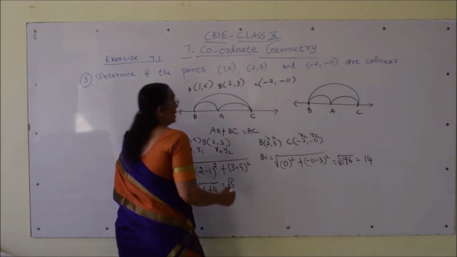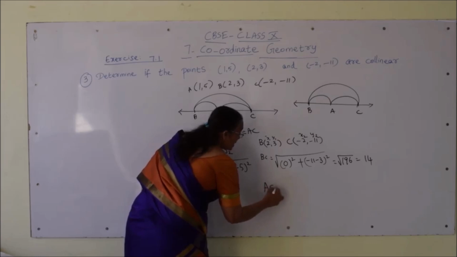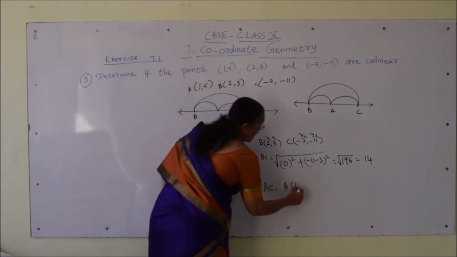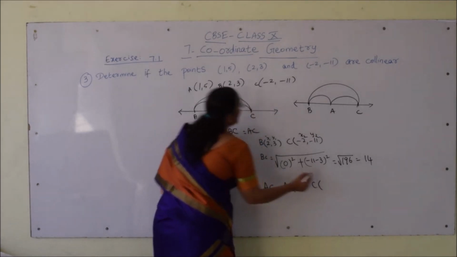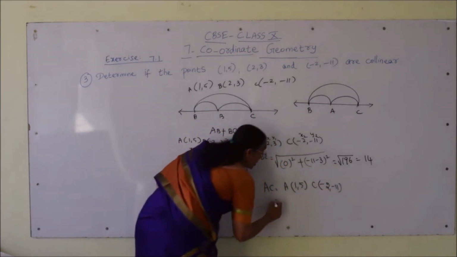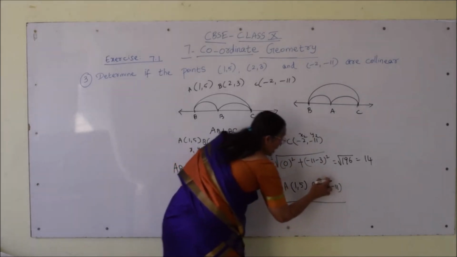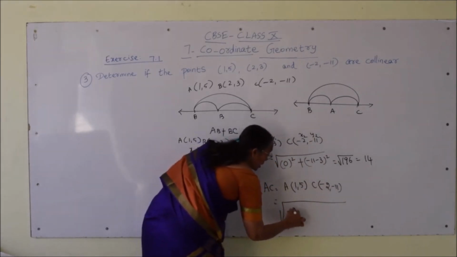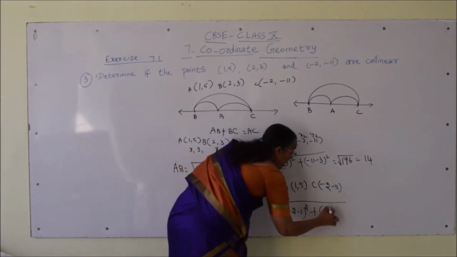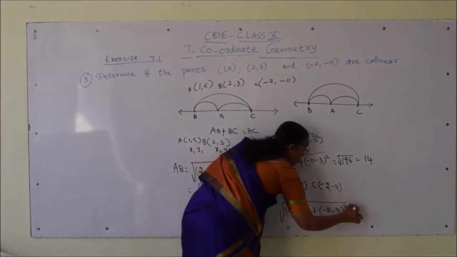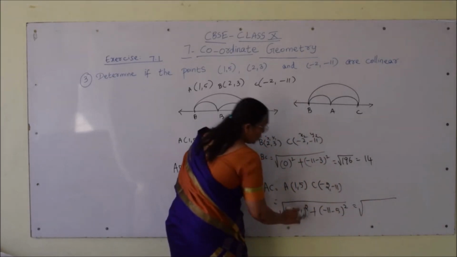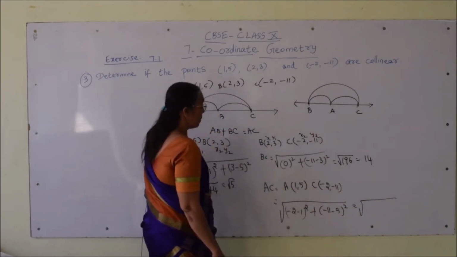Now, let us find out what is the AC distance. A point is again (1, 5) and C point is (minus 2, minus 11). So, the distance is root over (minus 2 minus 1) whole square plus (minus 11 minus 5) whole square, which is root over minus 2 minus 1 is nothing but minus 3.